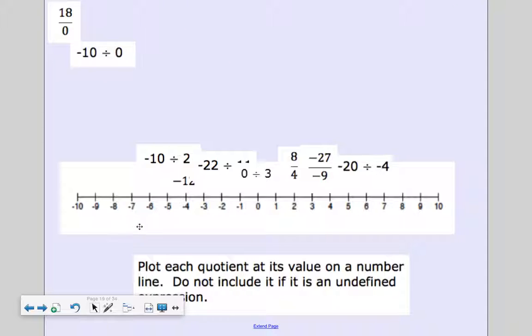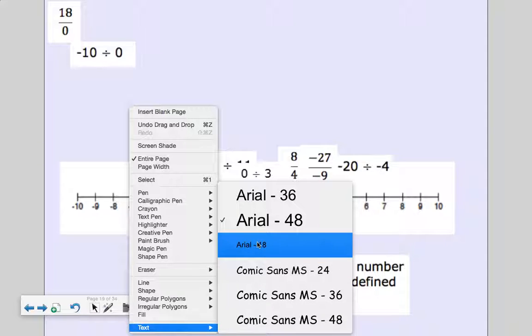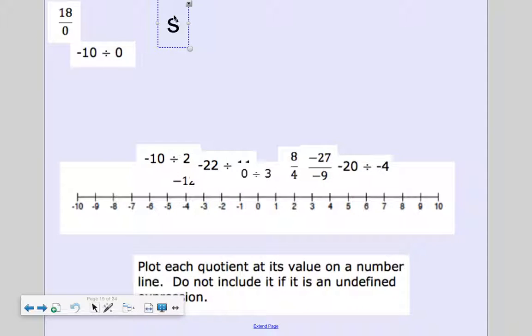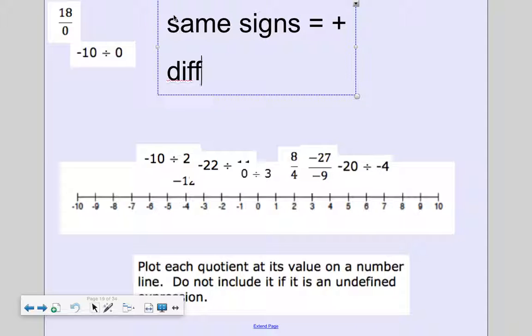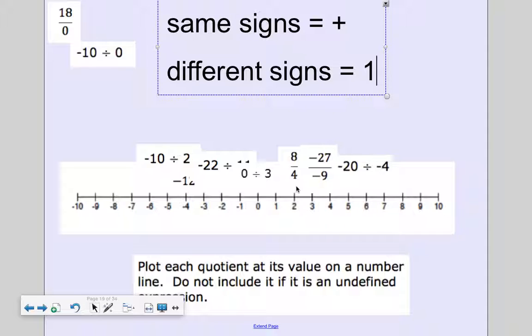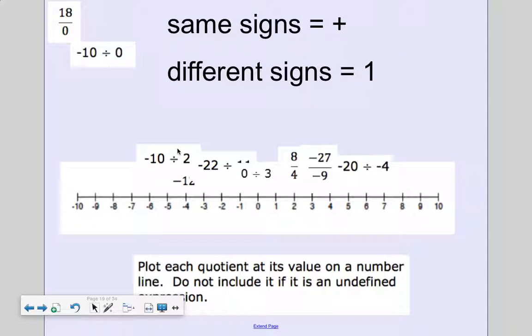No. So that is our answer. So again, just like in multiplying and dividing, if you have same signs, it equals positive. If it's different signs, it equals negative. So you can see here, let's do the positive side. Same, same, same, different signs, negative, positive, different signs. This is dividing integers.